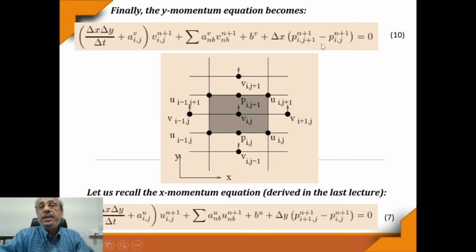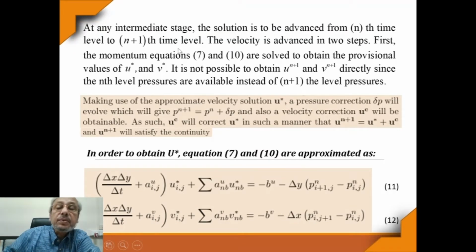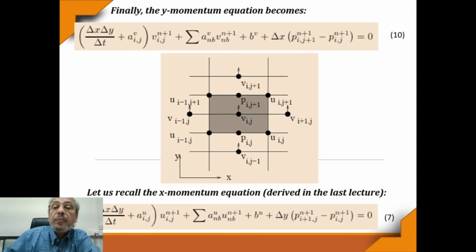Basic velocities, that means velocities at nth level, pressures at nth level are all known. And we are implicitly calculating velocity at the level n plus 1, u velocity and v velocity. So that is what we have written here. Since the pressure at n plus 1th level is not available, when we evaluate this equation, we approximate.